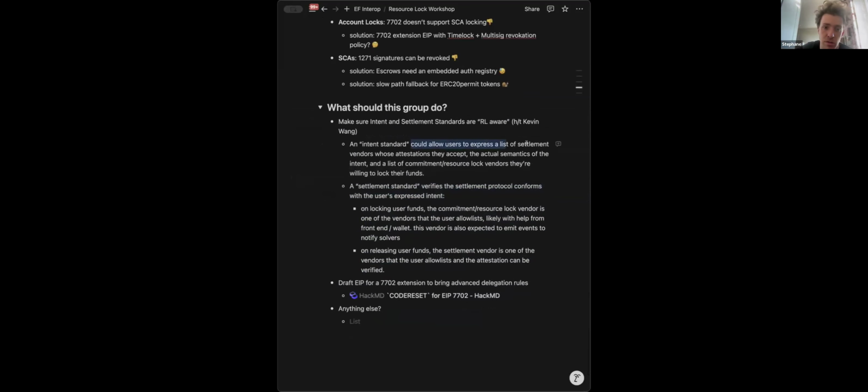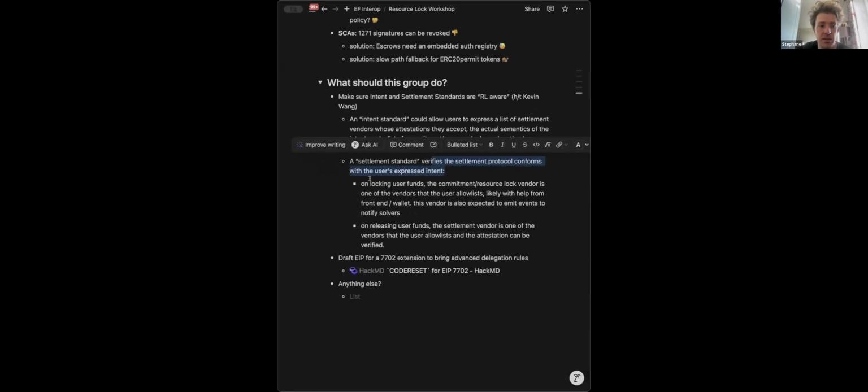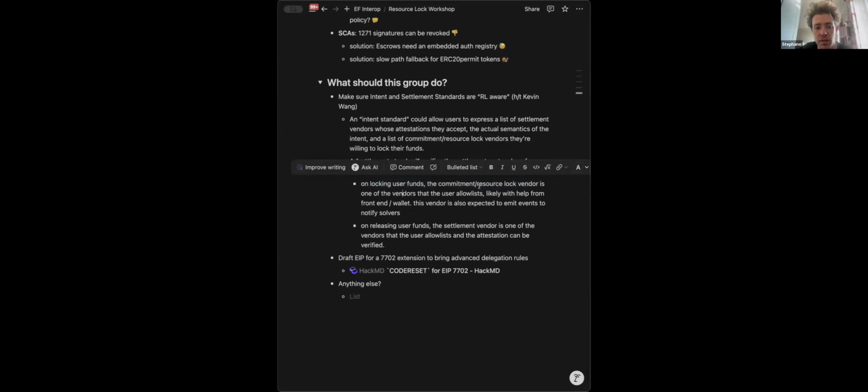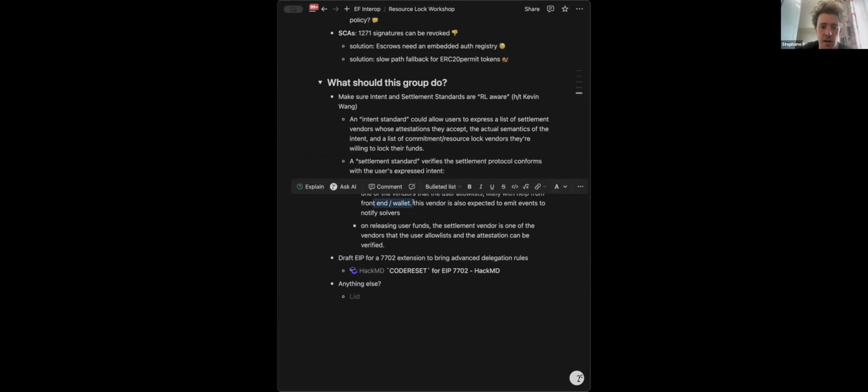The intent standard allows the user to express a list of settlement vendors whose attestations they accept, the actual semantics of the intent, and a list of commitment resource lock vendors they're willing to lock their funds with. The settlement standard verifies that the settlement protocol conforms with the user's expressed intent on locking user funds. The commitment resource lock vendor is one of the vendors that the user supports, likely defined by our front end, and this vendor is expected to emit events to notify the solvers.